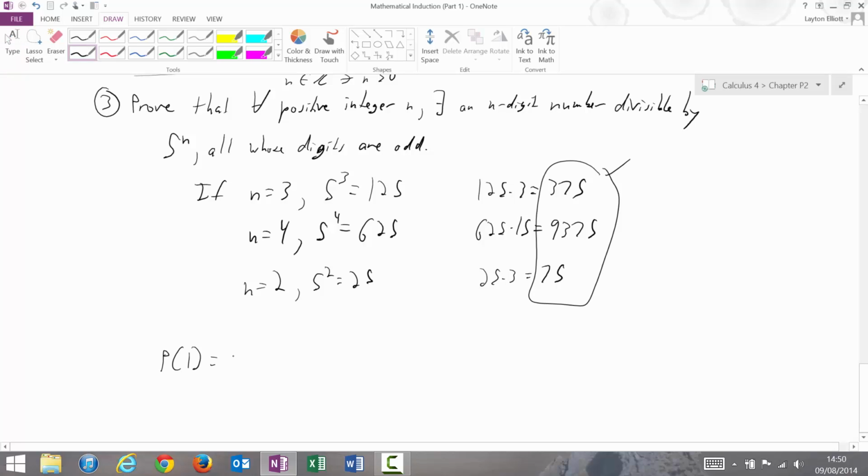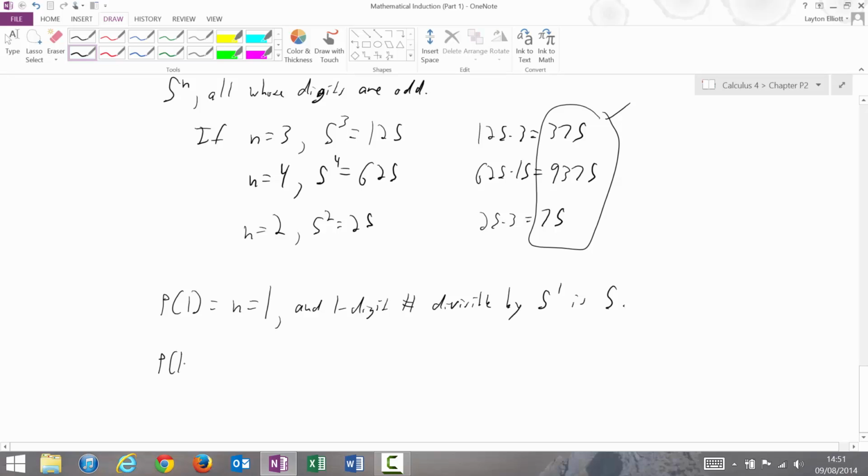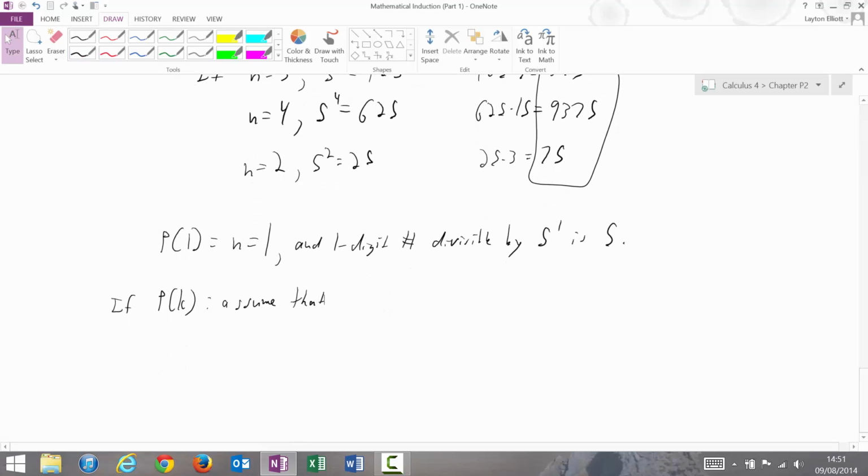So P of 1, n equals 1, and a one-digit number divisible by 5 to the 1, and that is 5 itself. So that one's done. Okay, then I say if P of k, I will assume that I have a number equal to some digits a1, a2, a3, all the way up to ak, and these are all odd digits.